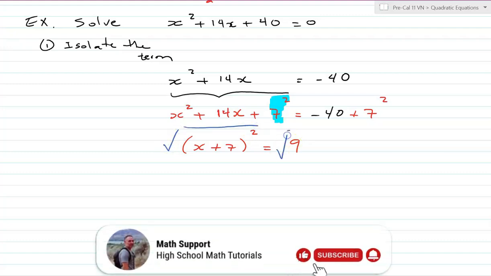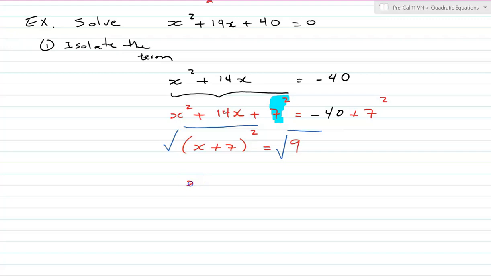We're going to take the square root of both sides. And when we do that, we get x plus 7 comes out. The exponent of 2 is going to go away, because we're taking the square root of it. And then the square root of 9, remember, 2 possibilities. That's plus or minus 3. Okay, either positive 3 or negative 3. And the way we write it is like that.